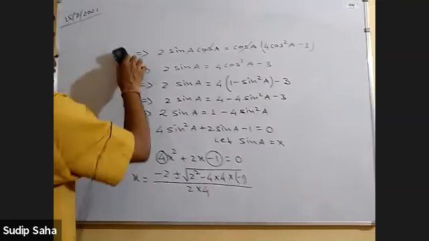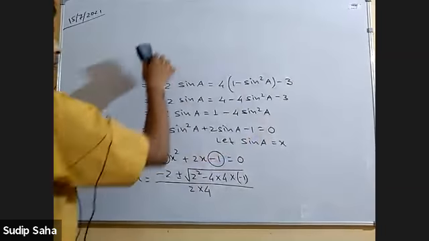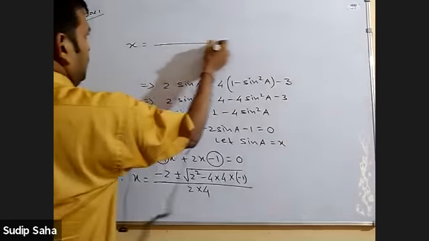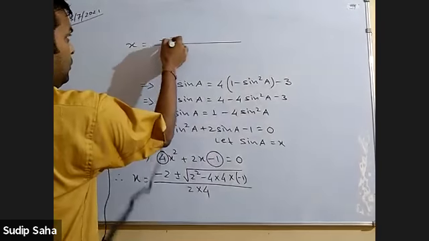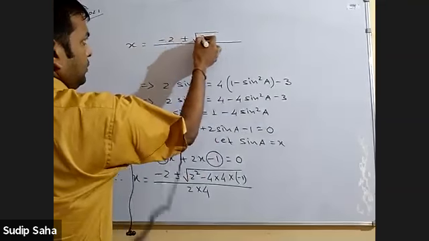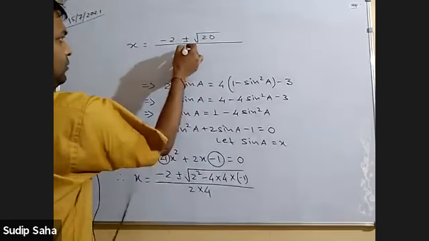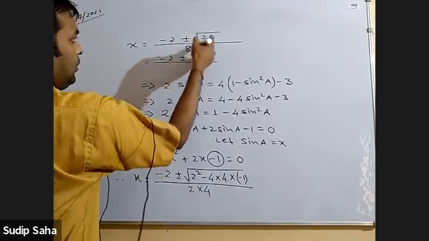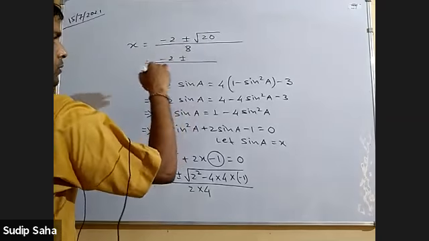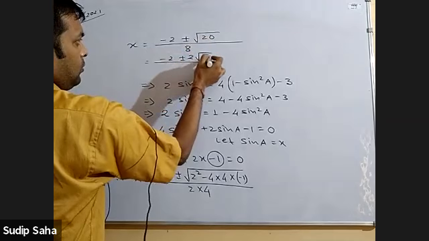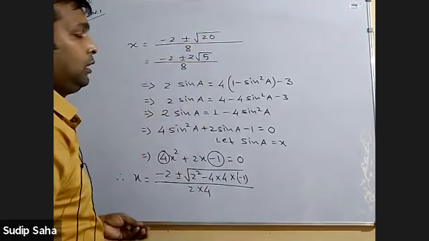So that is, see what we got: x equals minus 2 plus minus the square root of 4 minus minus plus 16, root 20, divided by 8. 20 means 4 into 5, so 4 square root 5. Understood?